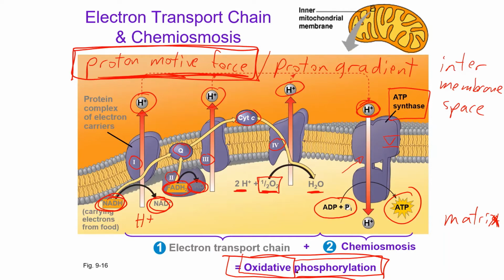Before I move on and show you some pictures of ATP synthase, I just want to point out a couple of things. So what if we don't have oxygen? The answer is we die. That's the short answer, at least in the long term. In the short term, we might be okay. You can probably hold your breath for a short amount of time and do just okay.